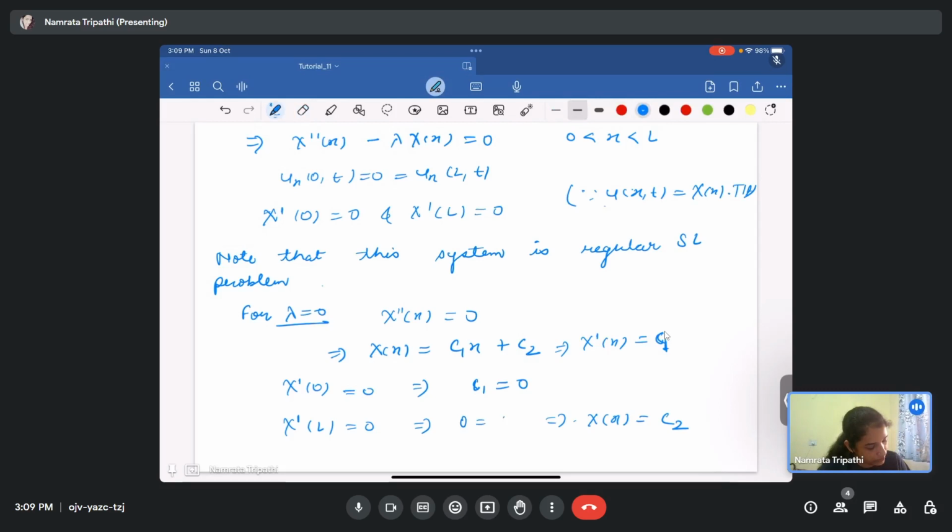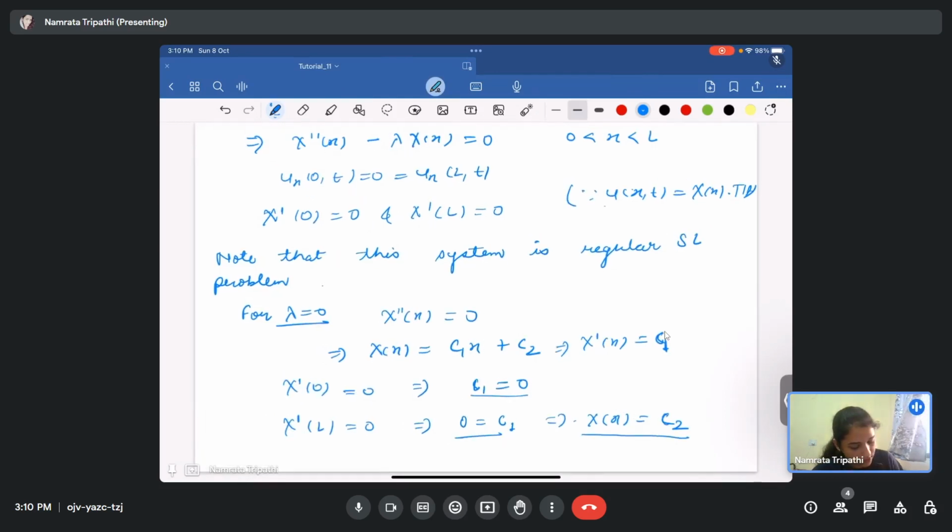Here c1 is 0, so X of x will be c2. That means we get an eigenvalue here: lambda 0 is an eigenvalue with eigenvector associated with c2. c2 is some constant. We can say it is 1, 2, anyone you can choose.